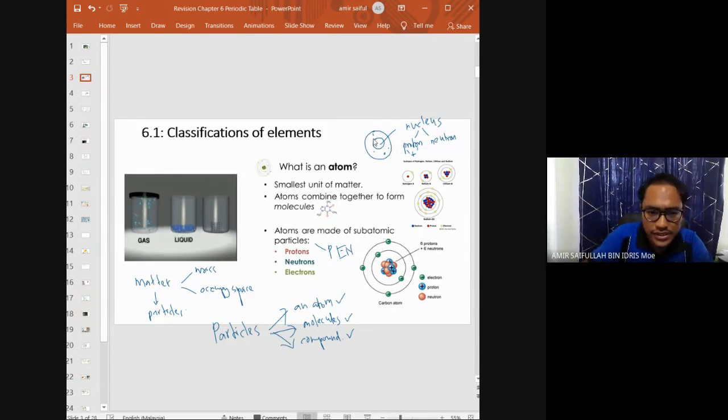So this is the nucleus, which consists of protons and neutrons, while around them there is an electron circulating. Totally inside an atom, there are three things: proton and neutron in the nucleus, and around them electrons. Okay, so far so good.